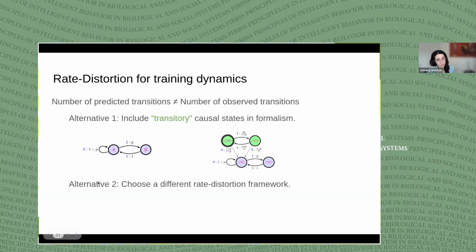The second alternative is to choose yet another different rate distortion framework and not only change the definitions of rate and distortion measures, but also change the optimization algorithm, which I haven't gone into a lot of detail here.